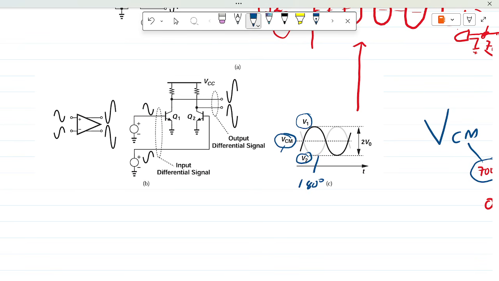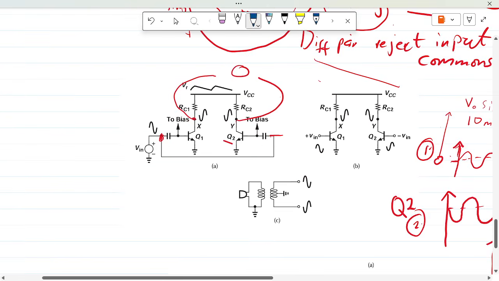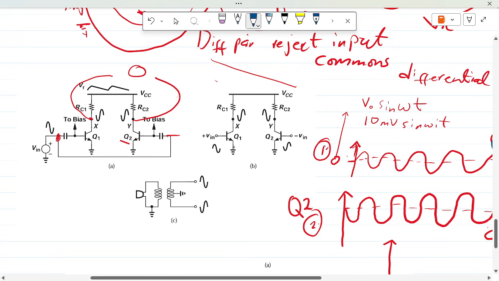So the next question would be, how could we generate a signal like this if my microphone is just giving me a single-ended voltage with respect to ground? A transformer can do that pretty well. Once the microphone is connected to a transformer, a center tap is placed as a center tap transformer.